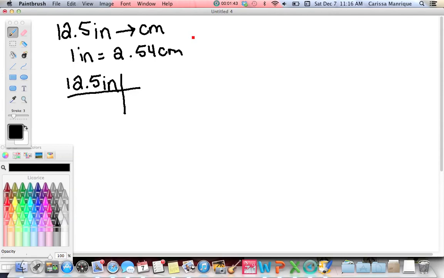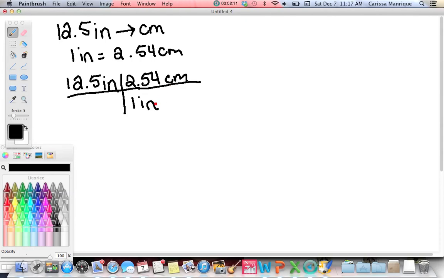So we use this conversion right here. So we see that, bring it over here, 1 inch is 2.54 centimeters. When you have kind of over each other, this line right here is kind of like an equals.